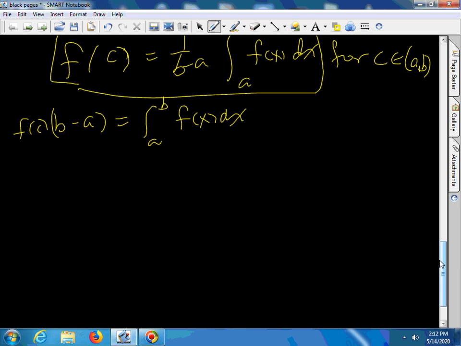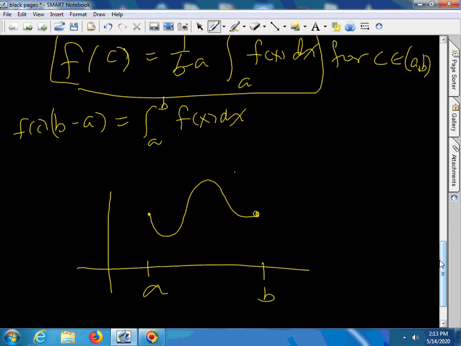Here's a, here's b. I am going to draw f of x, and the area from a to b is whatever is in blue here.